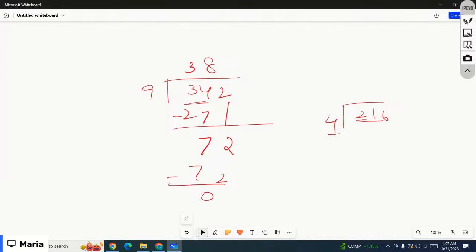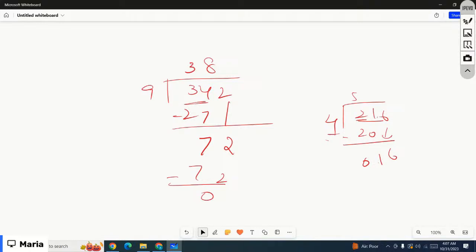4 times what number is 20? You need to count the table of 4 until 21. So 4 times what number is 21? We can go for 4 times 5. 4 times 5 is 20, right? So 1 minus 0 is 1, 2 minus 2 is 0. Now here you have 1, here you have 4. 1 is less than 4, right? So you need to bring the next digit down and make it 16.